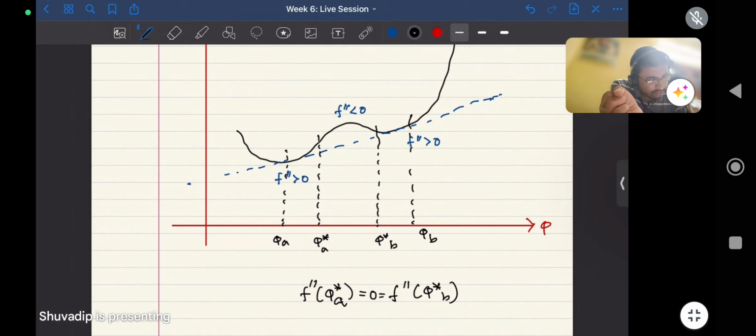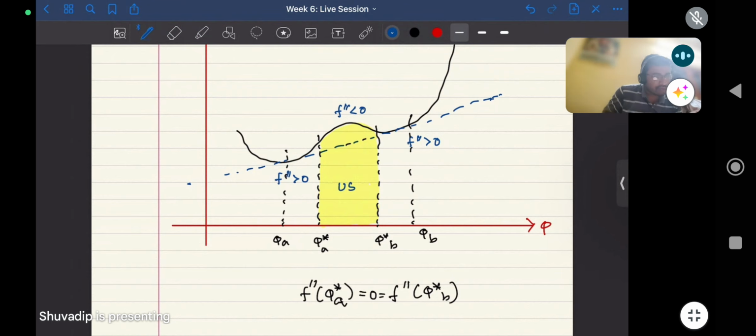In this particular middle regime, f double prime is always less than 0. This regime, the yellow marked regime, is called unstable, because if you start with some concentration in this regime between phi A star and phi B star, it is unstable.